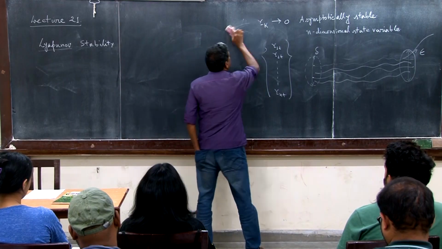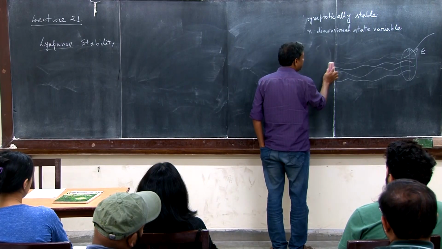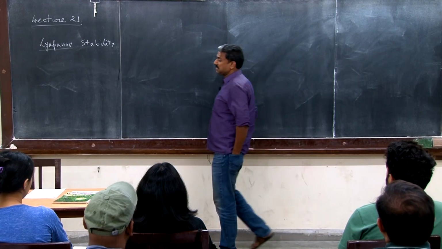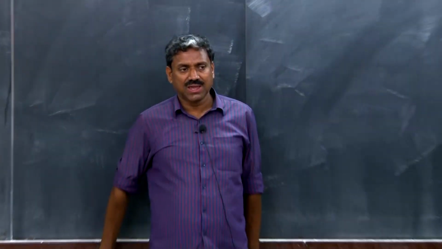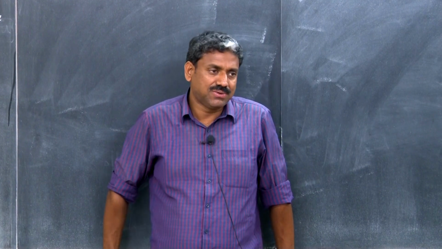You see, whatever we have learned till now, for all linear systems, if you apply some kind of sinusoidal excitation, then its response will also be sinusoidal, or a combination of sines and cosines, okay.